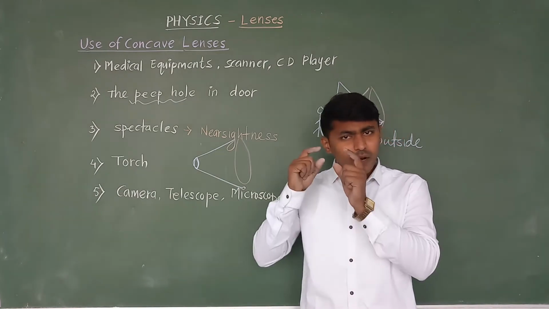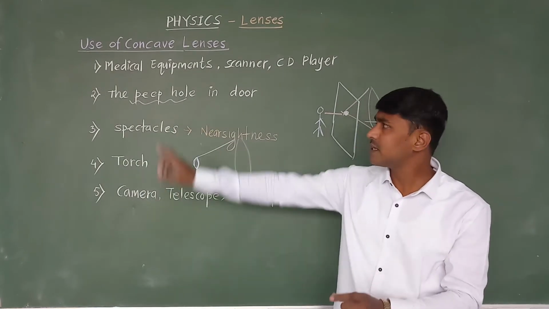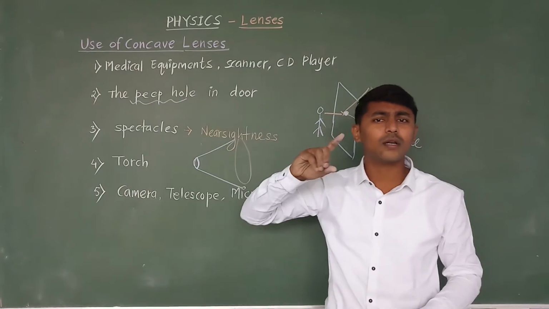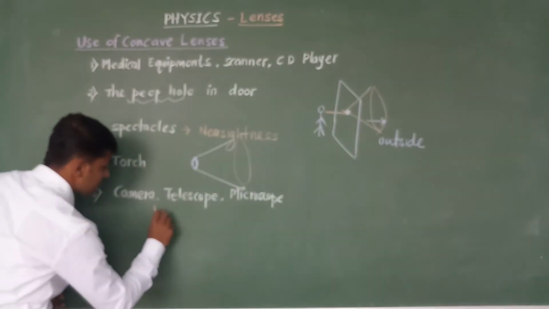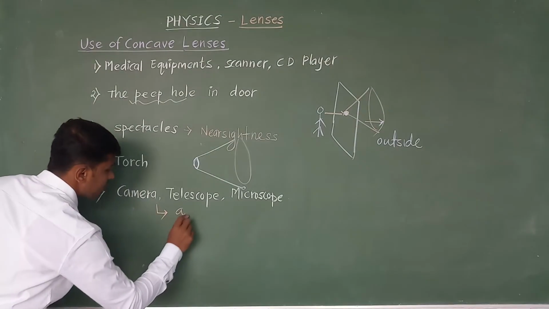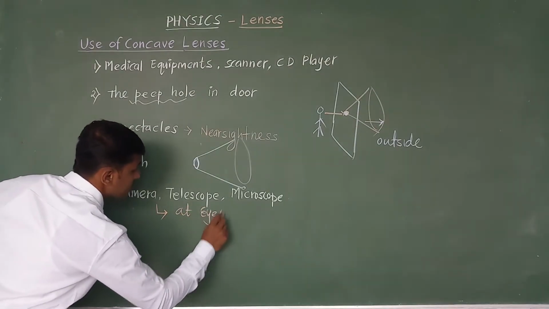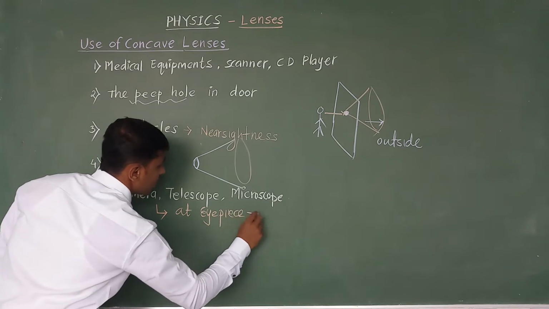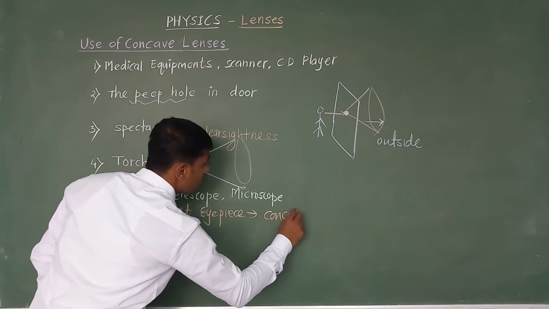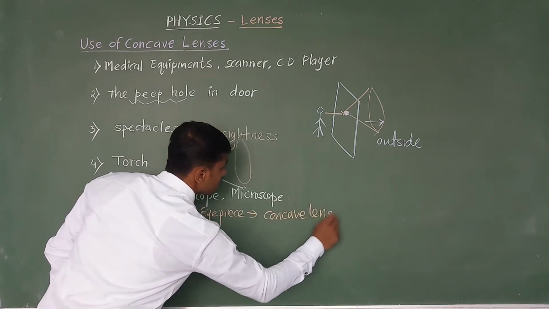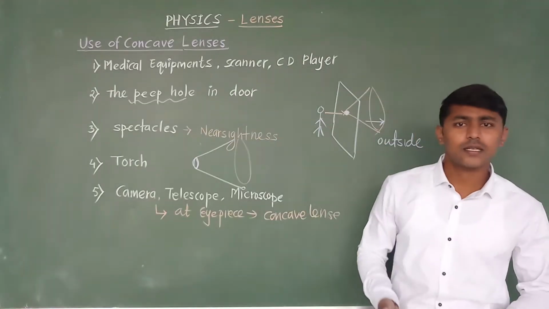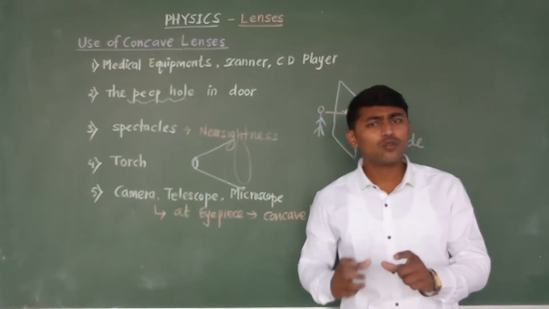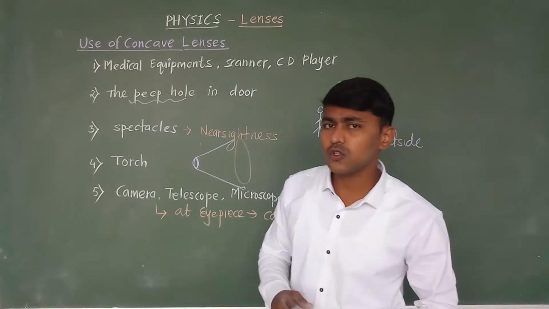But the eyepiece requires a concave lens for a clear image. So in these three instruments, at the eyepiece, a concave lens is used.